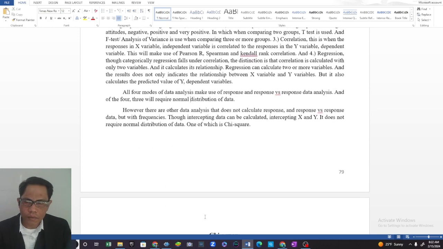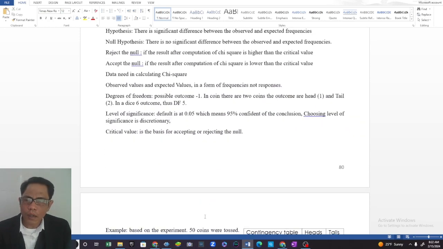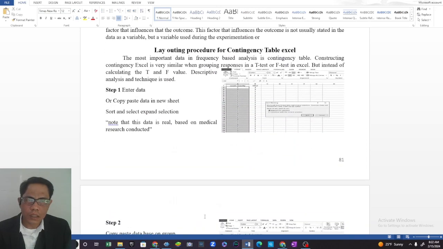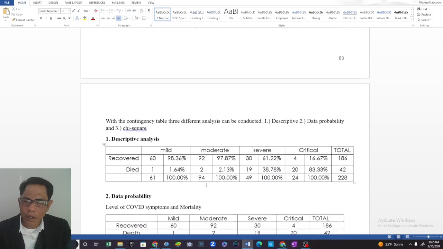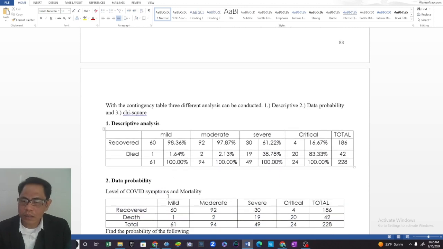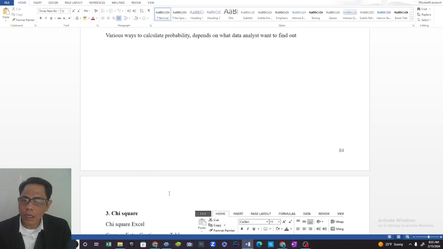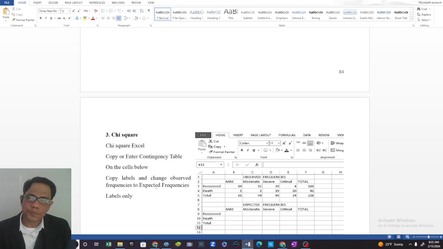We also have chi-square. I'll also be discussing contingency table. Also have descriptive analysis. We also have data probability and chi-square as a group.